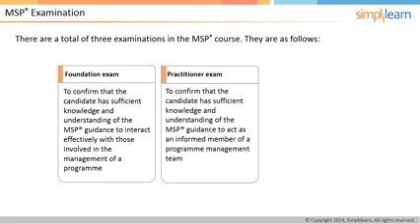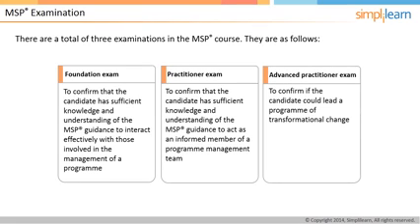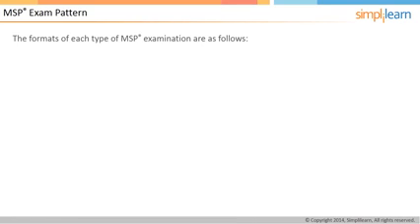The aim of the practitioner exam is to confirm that the candidate has sufficient knowledge and understanding of the MSP guidance to act as an informed member of a program management team. Advanced practitioner exam. The aim of advanced practitioner exam is to confirm that the candidate could lead a program of transformational change. In the next screen, we will look into the pattern of the 3 levels of examination.